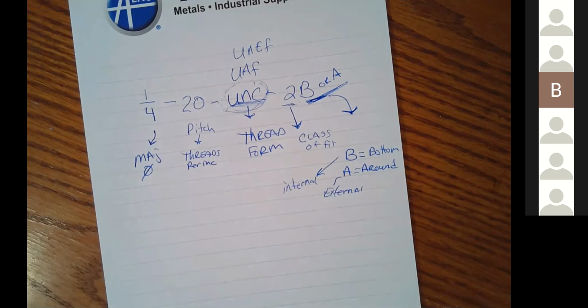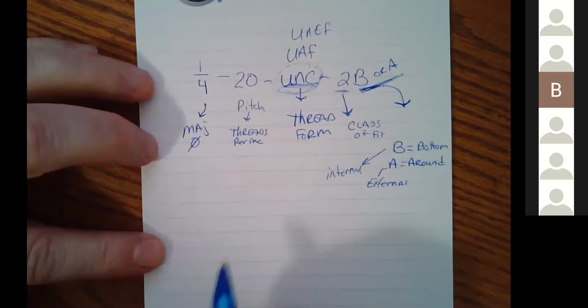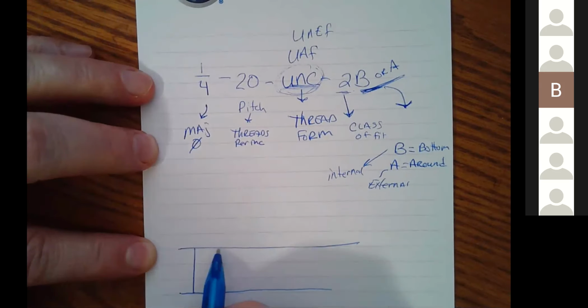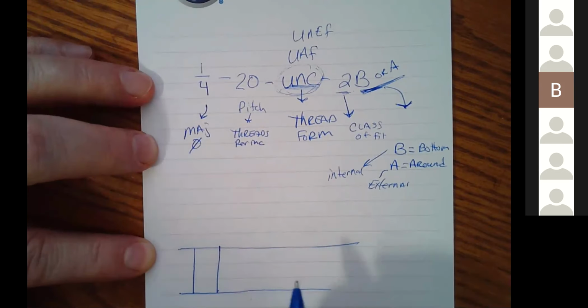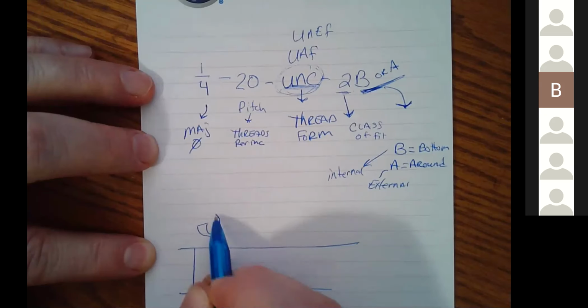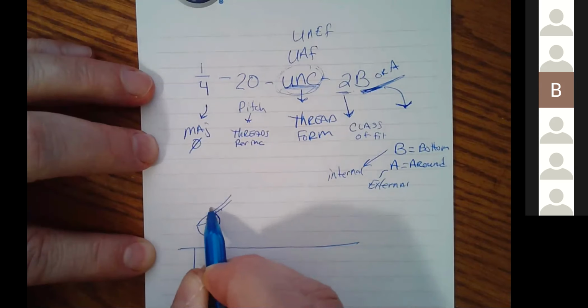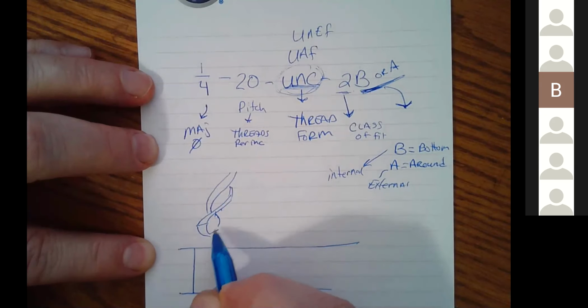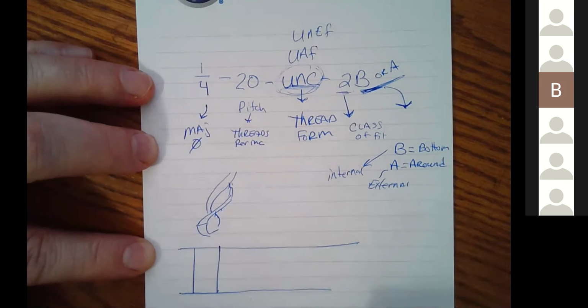We also are going to have to be able to identify the types of holes. So remember, we may have a hole, and I'm just sketching these out here. We can have a hole that looks like this. What kind of hole is this?